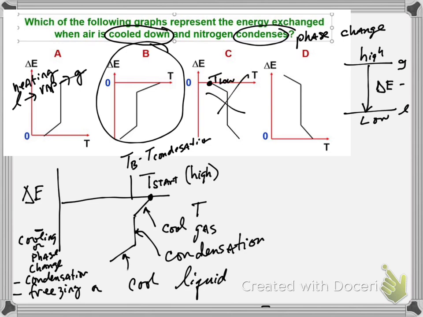So that's wrong. And here we are, T is going down, temperature is going down, but delta E is positive, so that's wrong. So if temperature goes down, delta E must be negative, right? We must start at a higher temperature and go down to a lower temperature.